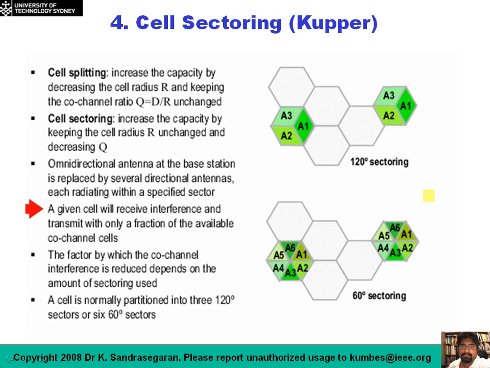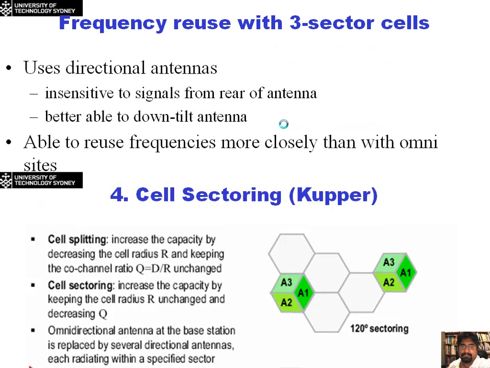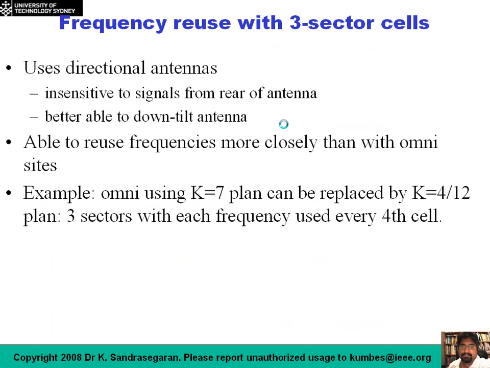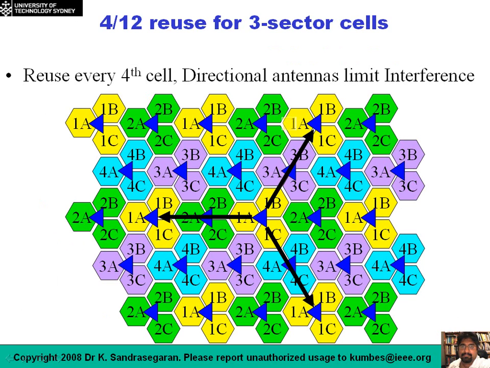A fourth way that you can increase capacity is referred to as cell sectoring. So here we create sectors, okay, and by creating sectors and by using highly directional antennas in those sectors, we can achieve an increase in capacity. Okay, so there are different ways that you can increase capacity.